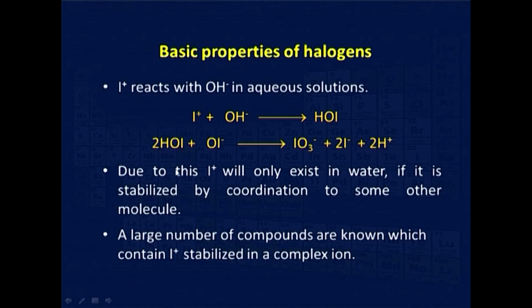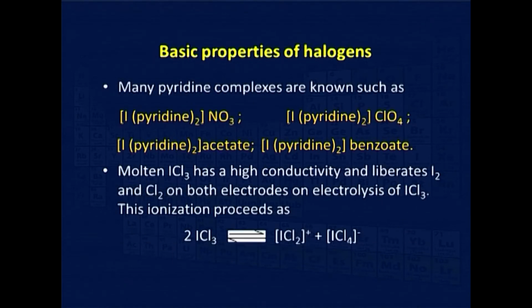Due to this, iodine cation will only exist in water if it is stabilized by coordination to some other molecule. A large number of compounds are known which contain iodine cation stabilized in a complex ion. Many pyridine complexes are known, such as the iodine pyridine complex with nitrate, with chlorate, acetate and benzoate.